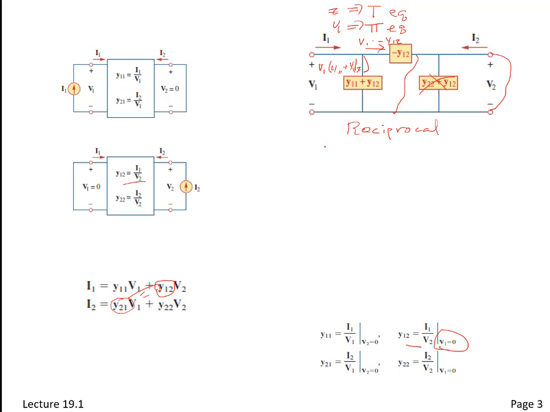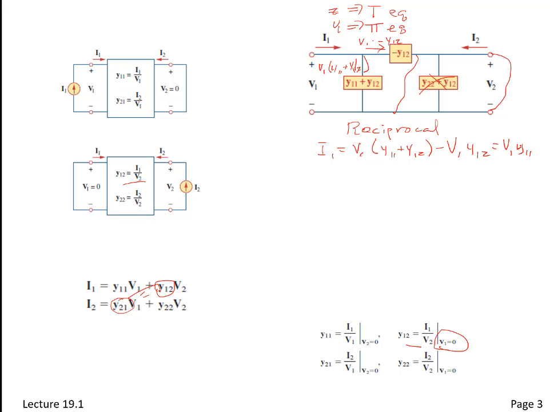So if I calculate for I1, I get I1 is equal to V1 times Y11 plus Y12 minus V1 times Y12. So this is V1 times Y11.